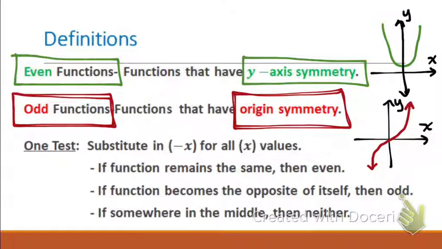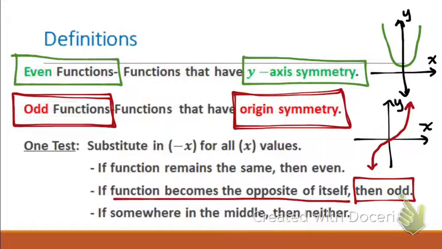What we would see happen if it is odd, is the function becomes the opposite of itself. So what I mean by that is if you substitute negative x in the place of x, and that is exactly the same as multiplying negative 1 to that original function, then it is odd.